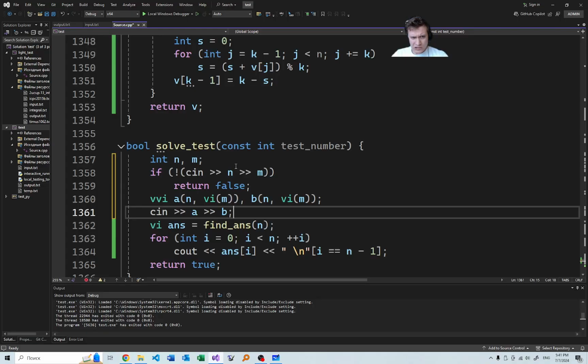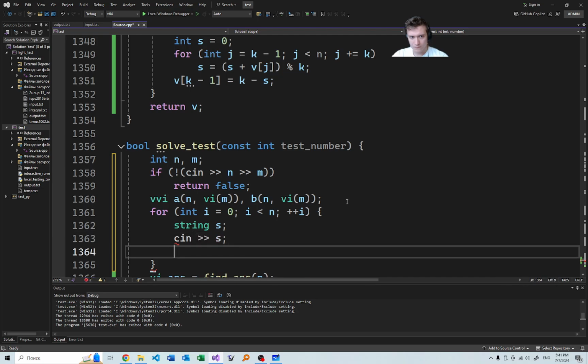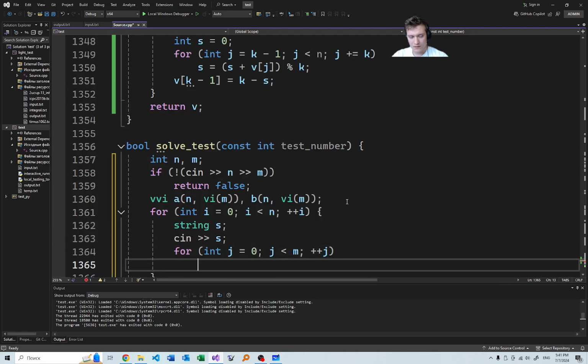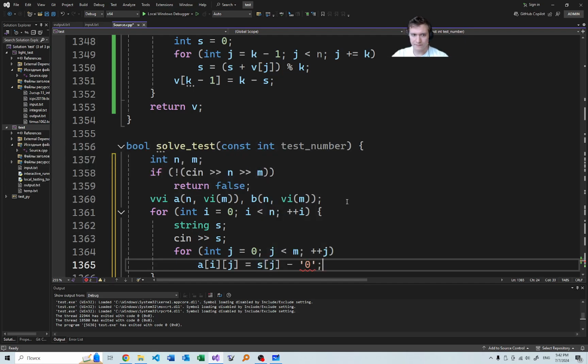I should read them as if they're strings. So Aij is Sj minus 0.